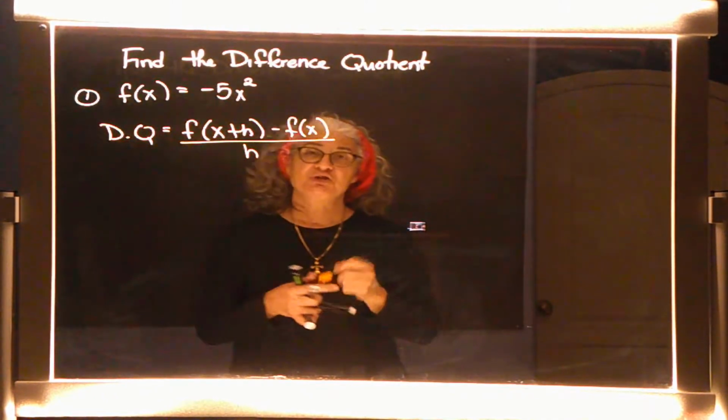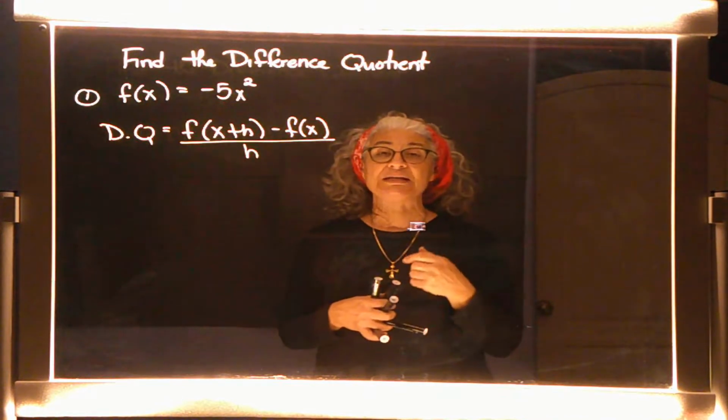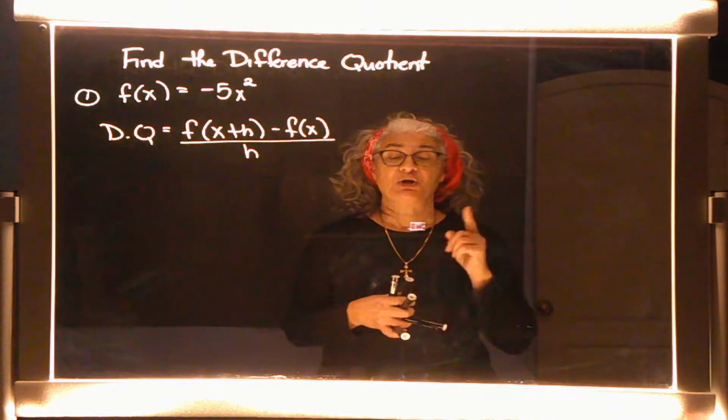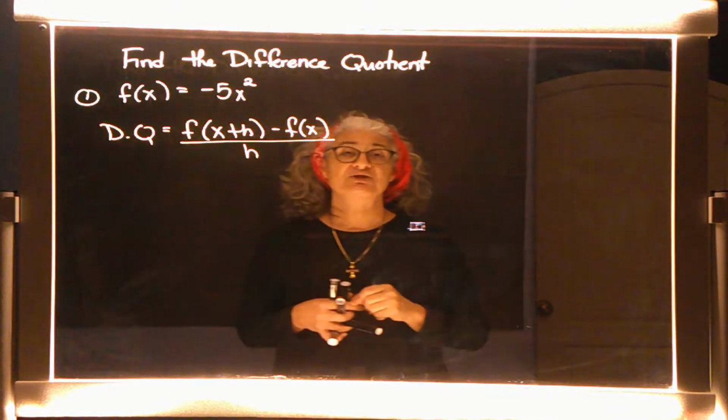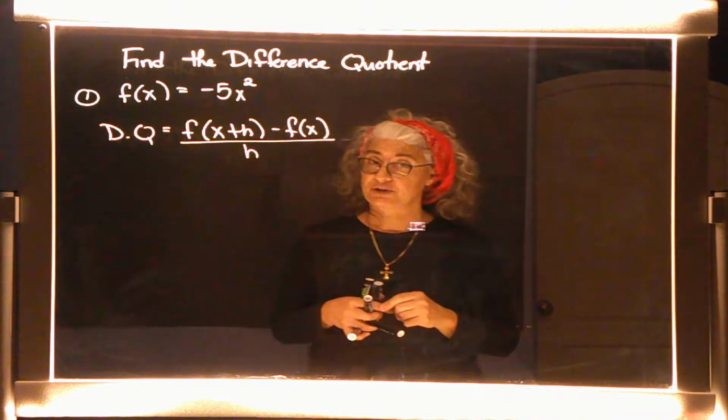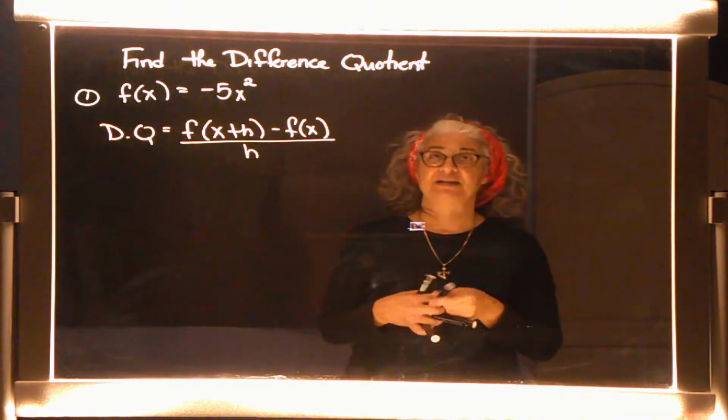Okay. So we need three things to work with the difference quotient. We need to know f of x plus h, we need to know f of x, and we need to know h. With me? So let's go to the side over here.